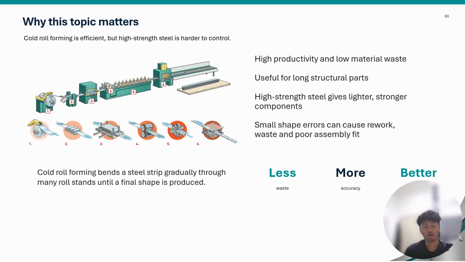High strength steel is also valuable because it makes parts lighter and stronger. However, high strength steel is hard to control. Even small shape errors can cause poor assembly, rework, and extra cost. So improving accuracy and surface quality is very important for the industry.